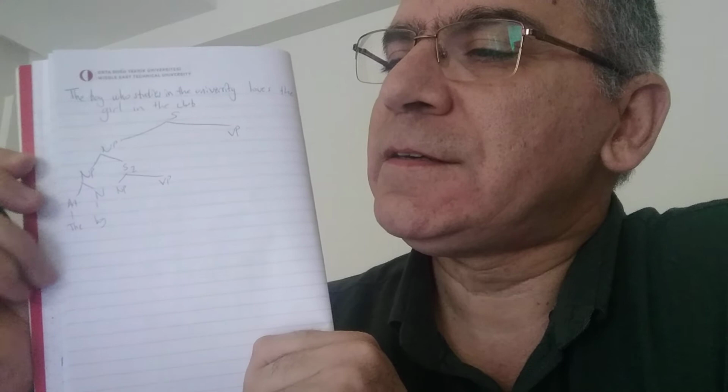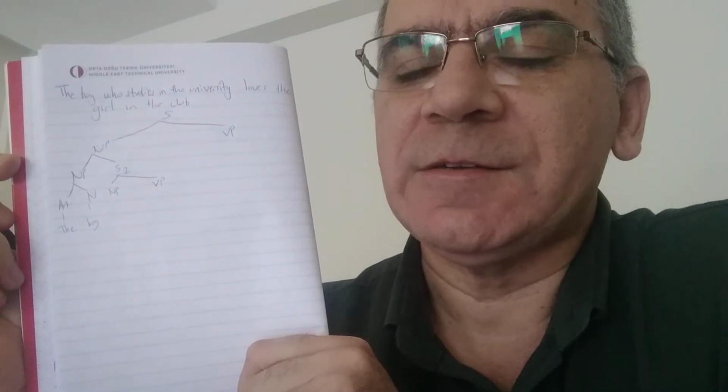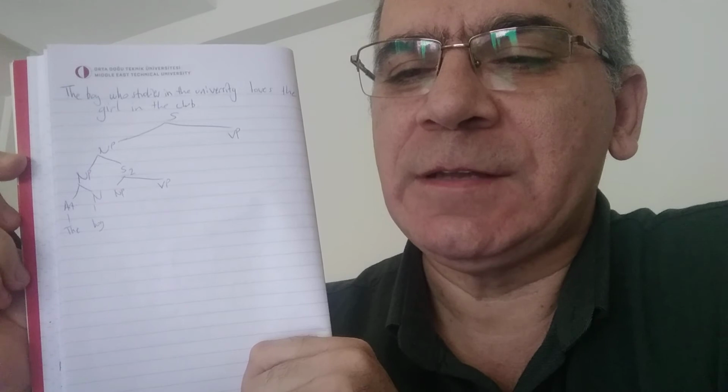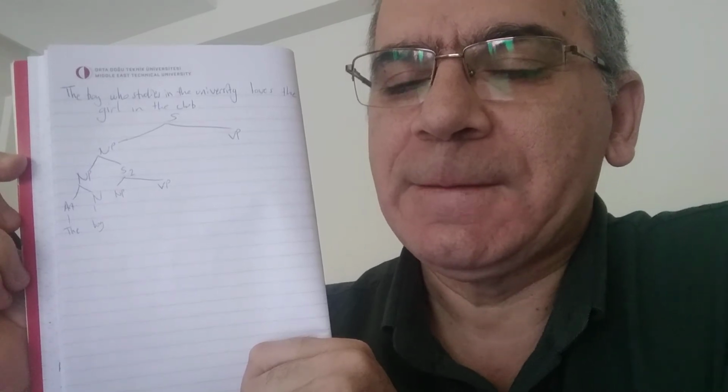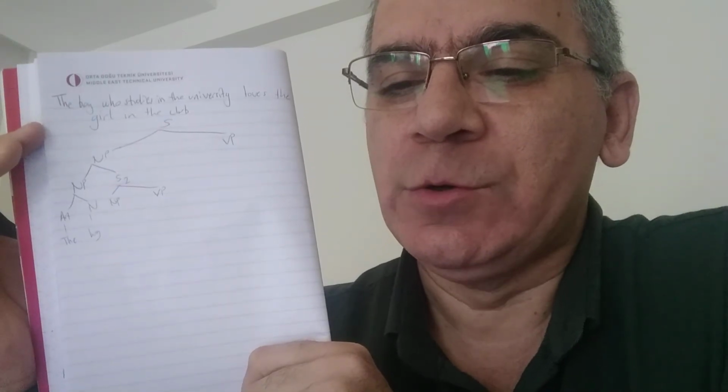What is there in the noun phrase? What is there in the second noun phrase here? Who wants to answer? It's not who. In the top sentence we say who. But what does it include in the deep sentence?